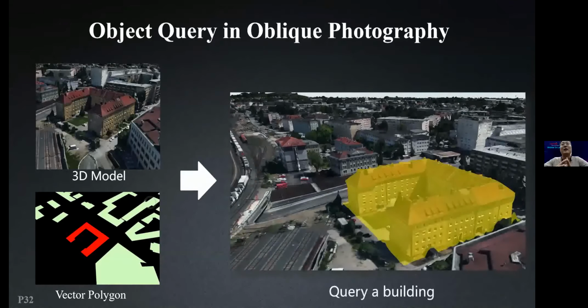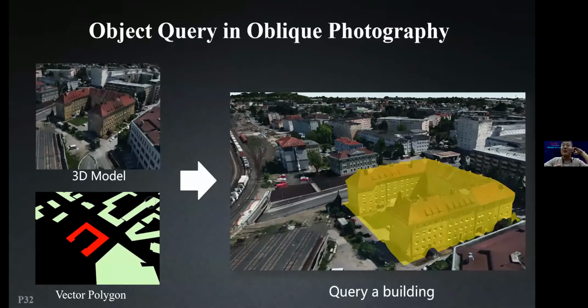And yeah, this is a sample of oblique photography. But oblique photography has the same problem as satellite imagery. That is, all the objects are continuous with others, such as the tree is connected with the ground surface, and the building is connected with the roads.